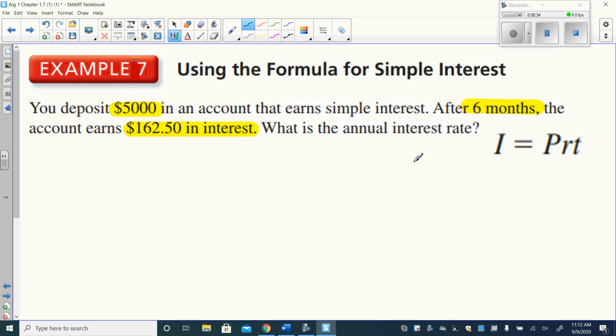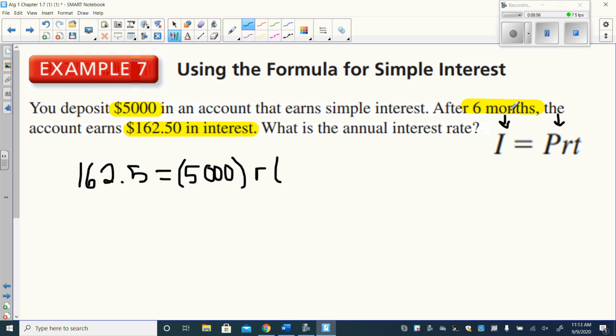So let's plug in what we know. We know that the interest earned is 162.5. That's our I, the interest that we earned. Our principal, what we started with, is 5,000, so we'll plug that in for P. Now, we don't know what the rate is, but we know the time is 6 months.